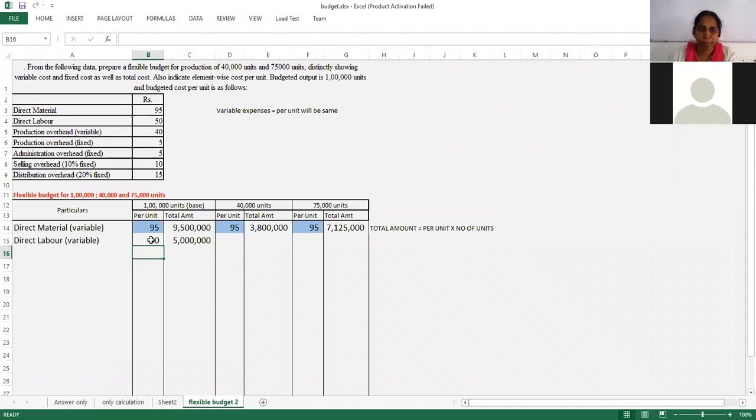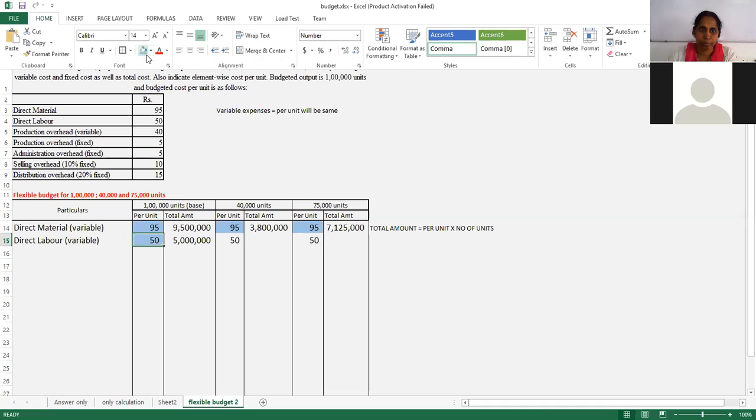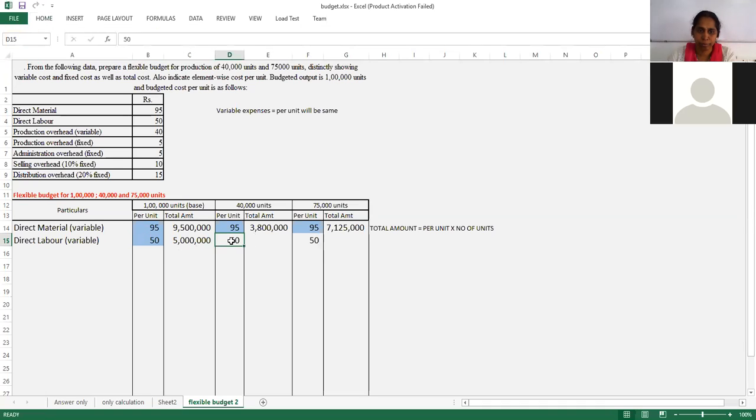So this is a variable expense. What is our main point? Variable expenses mean the per unit amount will be the same. So I am taking the same 50 rupees per unit for the other columns also. Same 50 rupees, here also the same 50 rupees. Now we are going to calculate the total amount for 40,000 units.